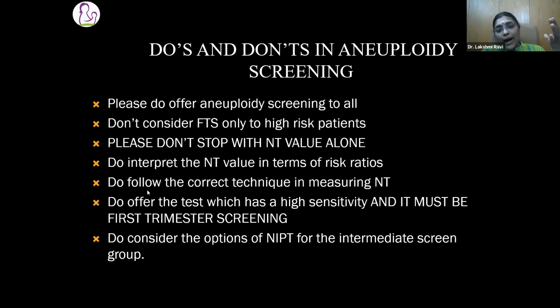It's not possible. You should interpret the value with the risk ratios. And we always need to follow the right technique while we are measuring the nuchal translucency. And if you ask which test has a high sensitivity, obviously it will be the first trimester combined screening. And you can consider the option of NIPT for the intermediate risk group.